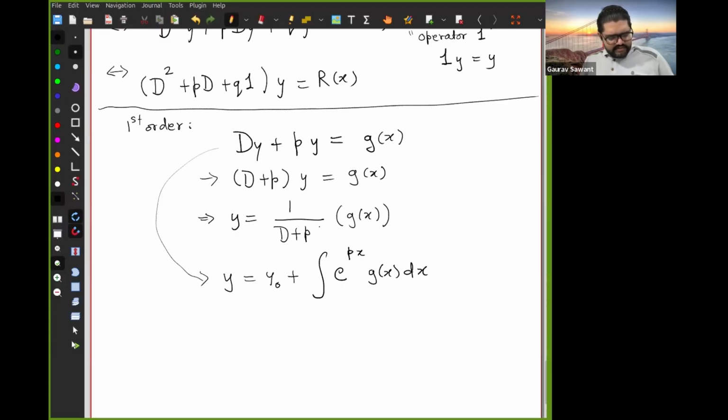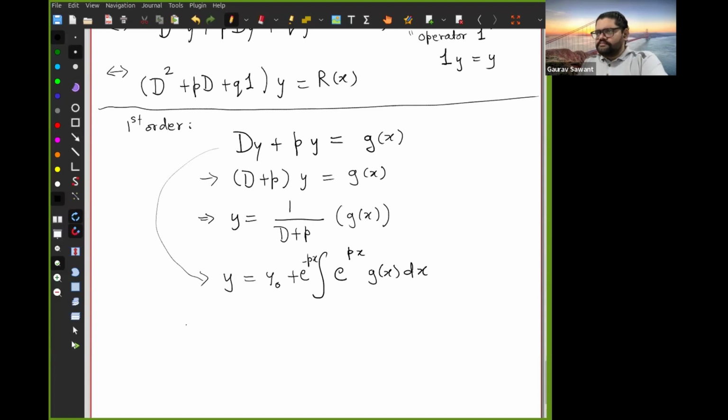So let me just check the correctness of what I am doing. Yeah, there is an e power minus px outside. That is what was missing.